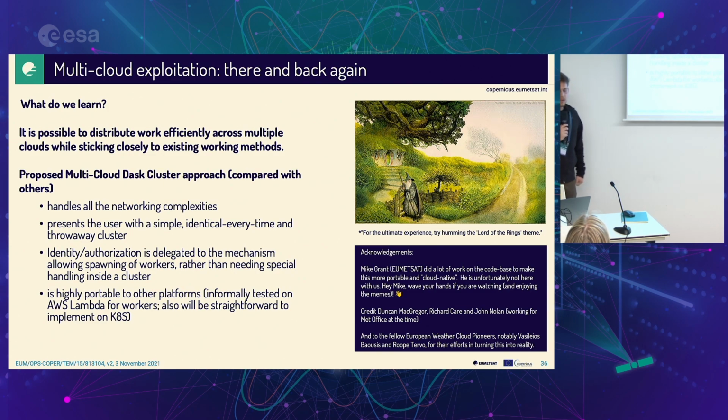So this is a major benefit that we have. Our approach, compared with the others, significantly hides the networking complexity with this automation. It presents the user an identical system where they can just deploy and tear down multiple times, and this will always be the same cluster and the same approach.